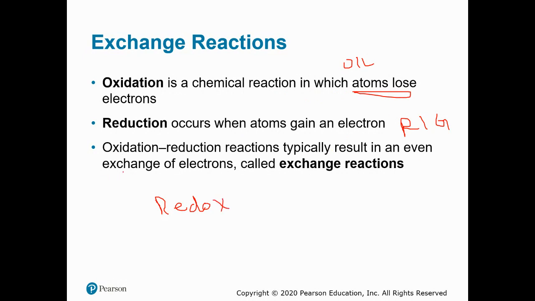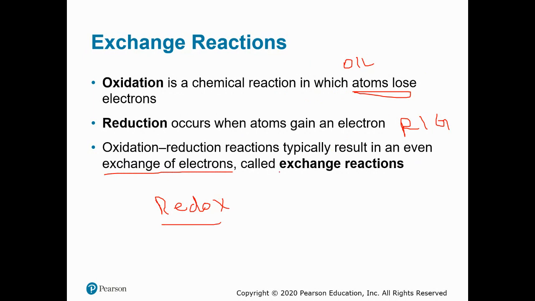And like we saw in chapter 8 and chapter 7, we have a ton of oxidation reduction reactions happening in metabolism. But typically they're happening together so that the electrons are actually exchanged. Like one atom loses, one atom gains, but then there's some other reaction happening where another one is losing, another one is gaining.